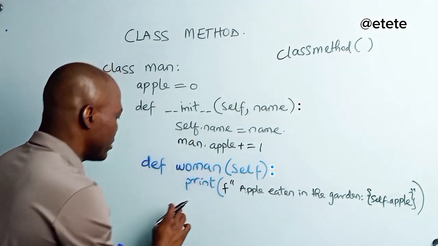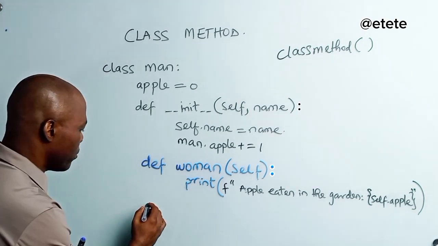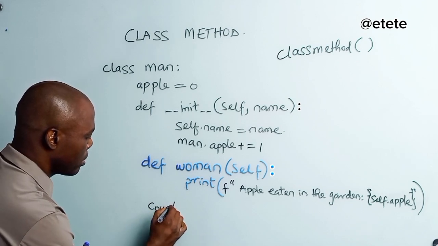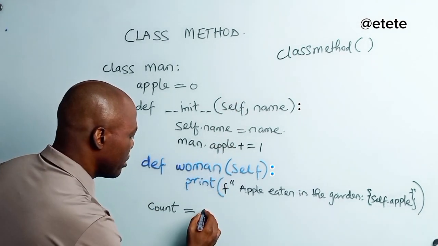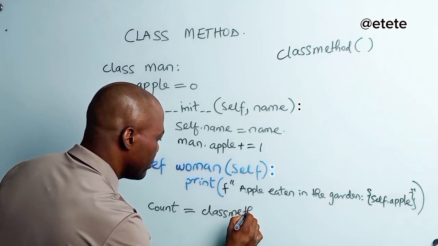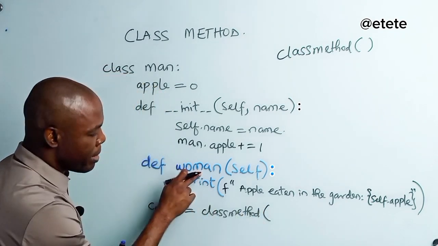So what will happen here is that I will come here and create a variable, let's call it count. Then I will assign, so I will call classmethod, and then I will supply this woman to it.